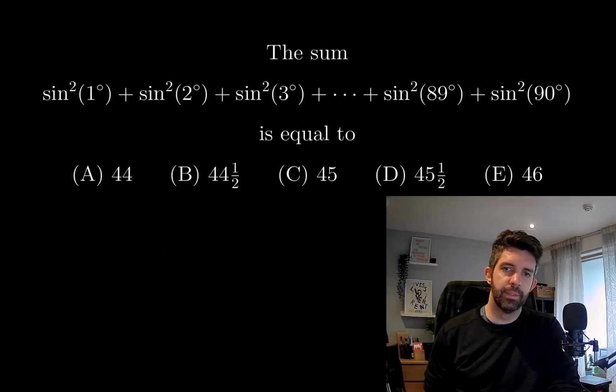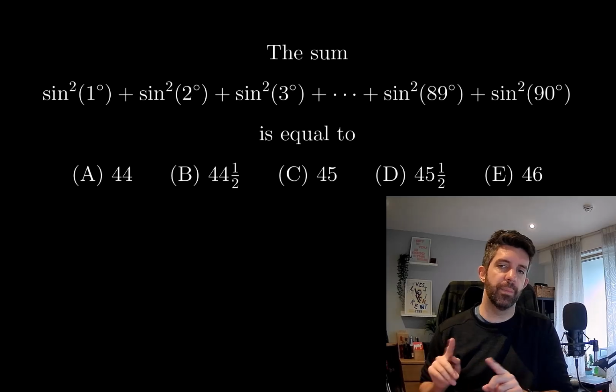The sum, sine squared 1 degree plus sine squared 2 degrees plus sine squared 3 degrees all the way up to sine squared 90 degrees, is equal to one of these possible numbers. All right. My first instinct is that maybe these things come in pairs.